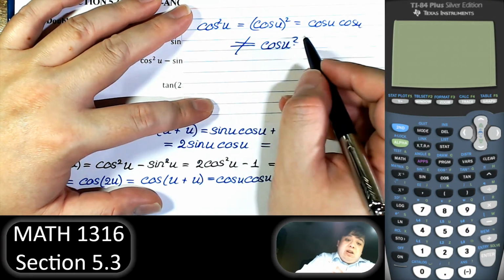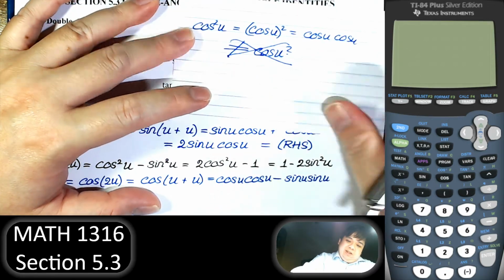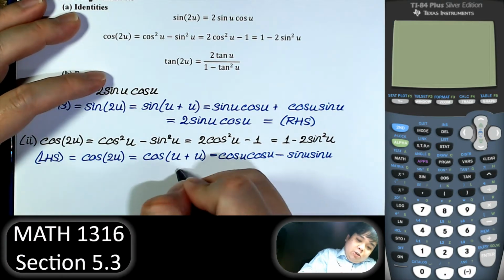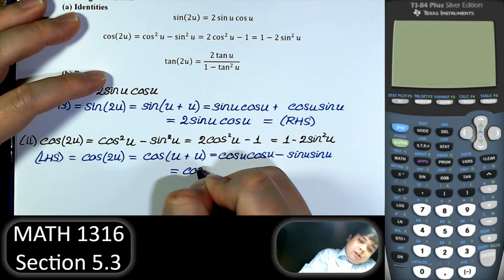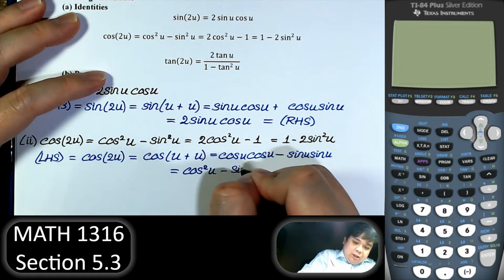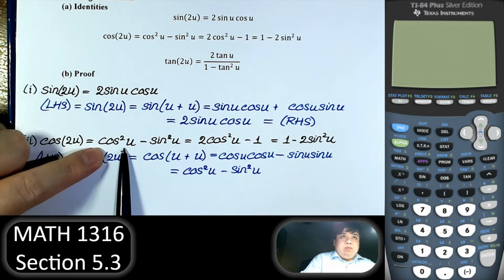It is completely different things. So now cosine times cosine is cosine square minus sine square. Of course, that is equal to the first one, which is good.